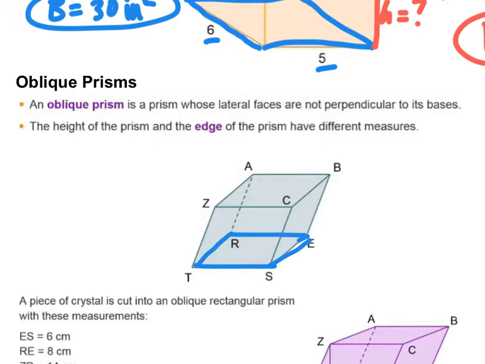So here's the edge. If I were to talk about the edge of a prism, that's these values here. Now these are not the height. The height of the prism is the distance going down that's going to be perpendicular. So we've got to make sure that this measure here is the height, and that we don't get confused with that if it's an oblique prism.